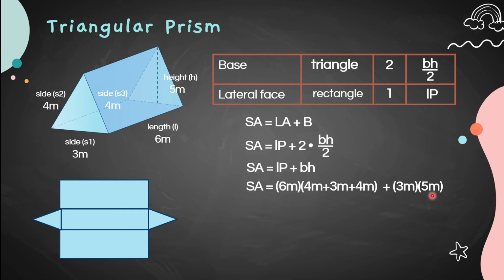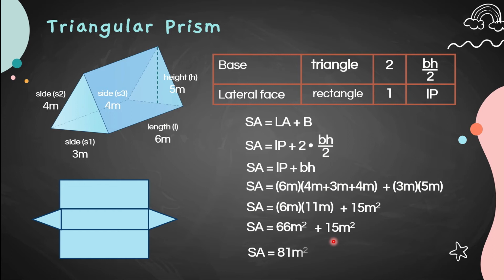So let us first add 4 plus 3 plus 4, that would be 11 meters, plus 3 times 5, we have 15 square meters. 6 times 11, we have 66 square meters, plus 15 square meters. So 66 plus 15, we have 81 square meters. So the surface area of this figure is 81 square meters.